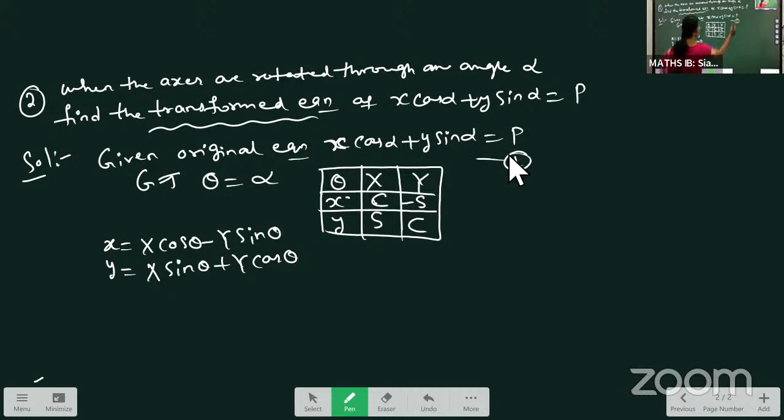Take this as equation 1. Go to equation 1 and substitute small x and small y in equation 1.